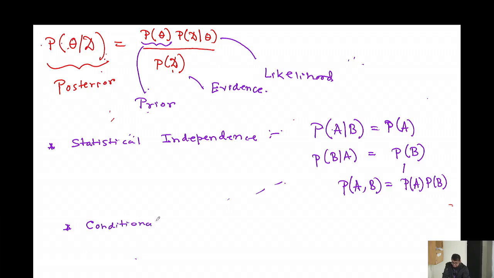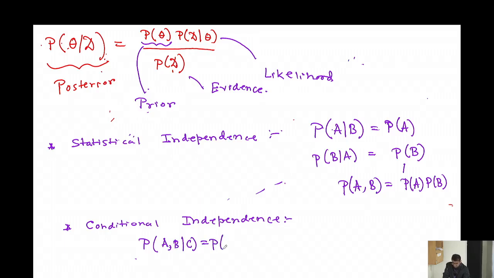Probability of, let's say, A comma B given C is equal to probability of A given C multiplied by probability of B given C. But probability of A comma B is not equal to probability of A multiplied by probability of B.